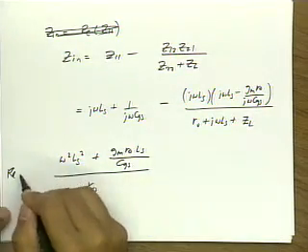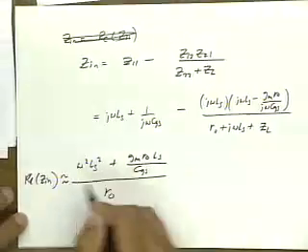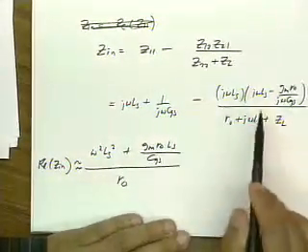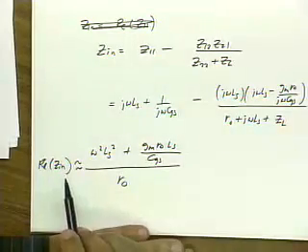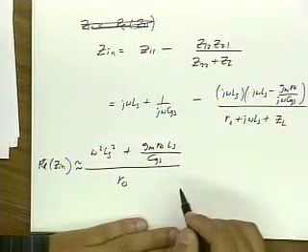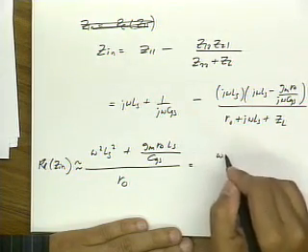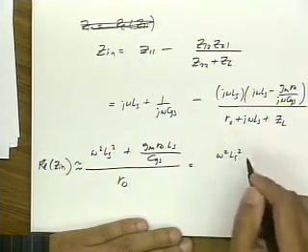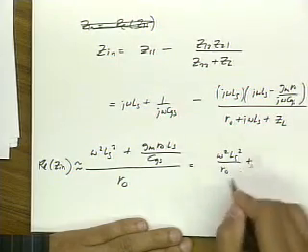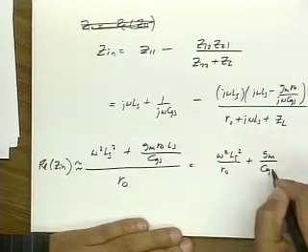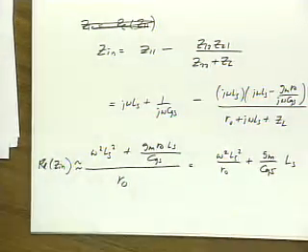So I'm looking at the real part of Zin, and I'm claiming that it's approximately equal to this divided by just Ro. Okay? And so continuing here, I have another term that looks like that.